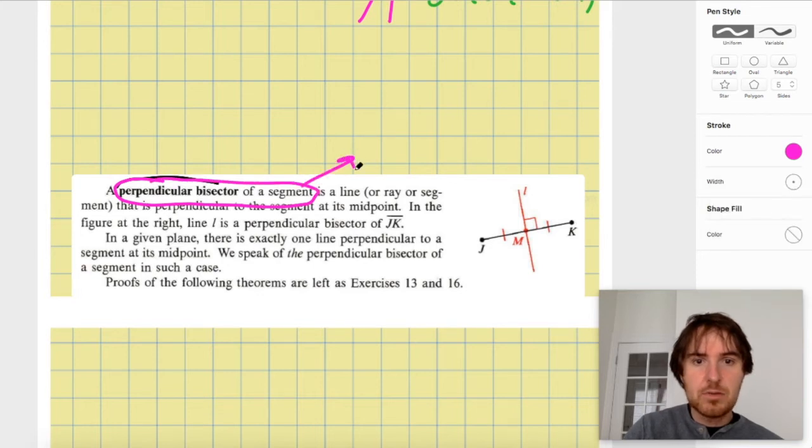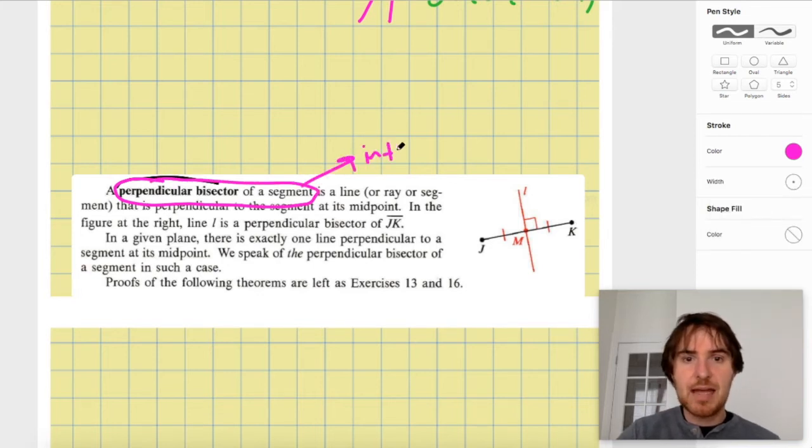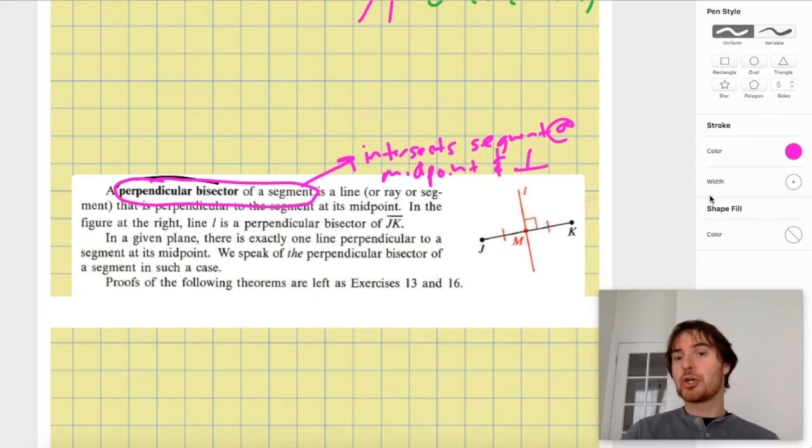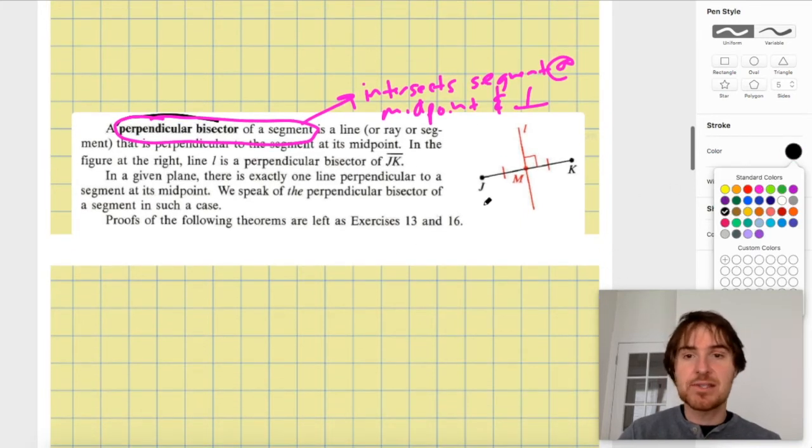What does it do? It intersects the segment at its midpoint, and it's perpendicular, okay? So for any segment, I would have a little sketch of this here too. They already did this here.